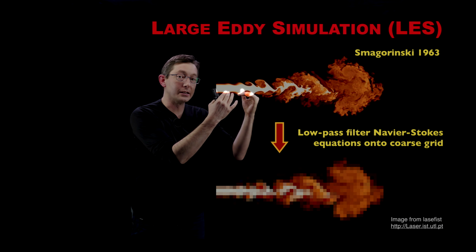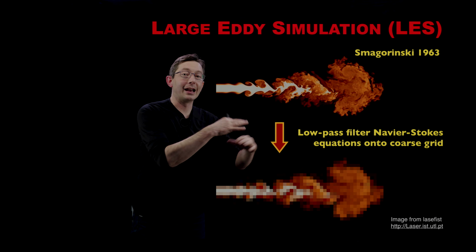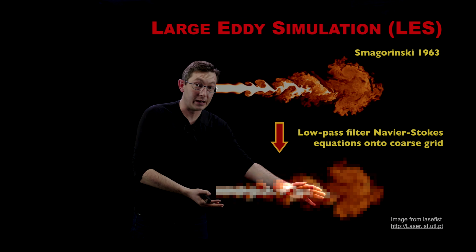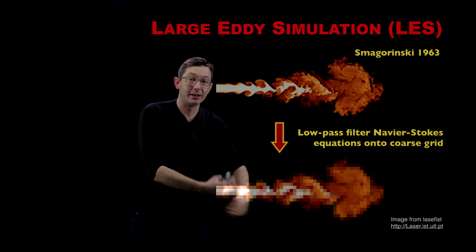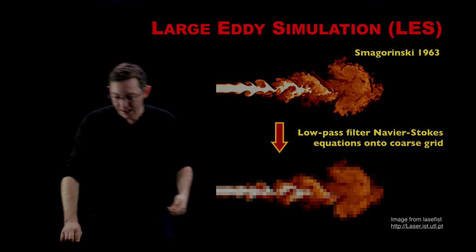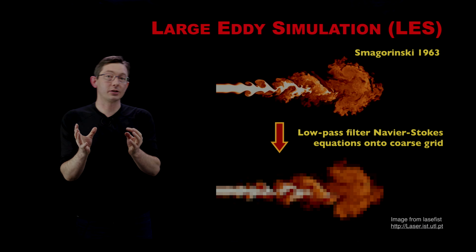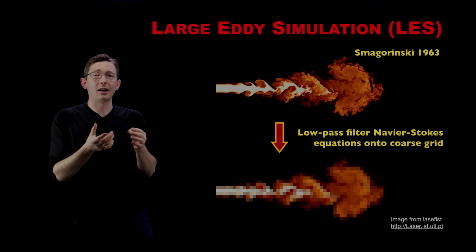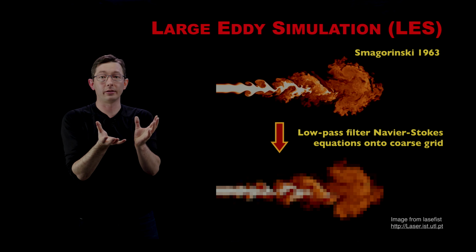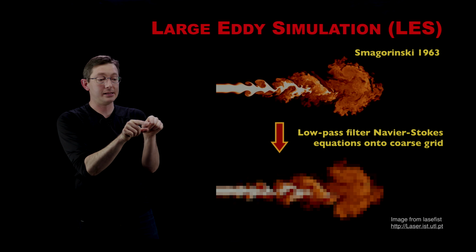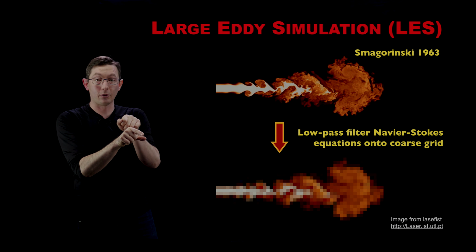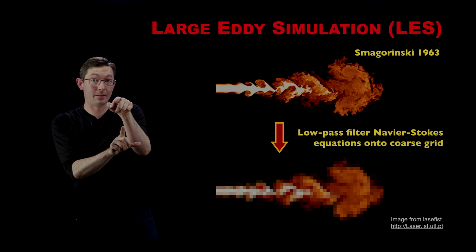So what we're going to do is coarsen the grid and filter the Navier Stokes equations onto that coarse grid and solve those equations. When I say a coarse grid, I mean maybe you take the surface of the Earth and chop it up into boxes 100 kilometers by 100 kilometers.